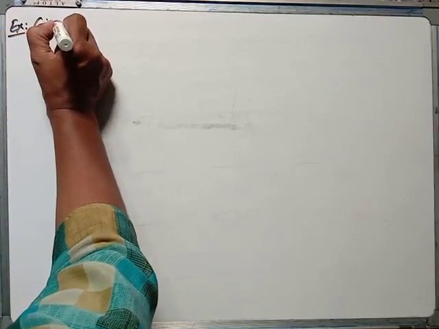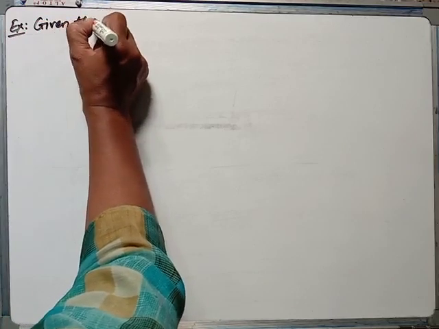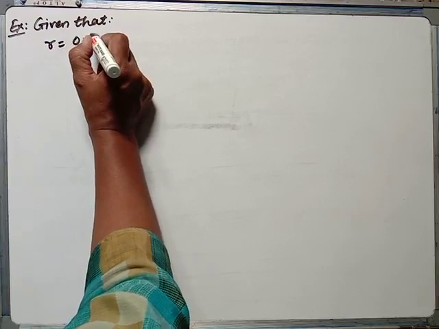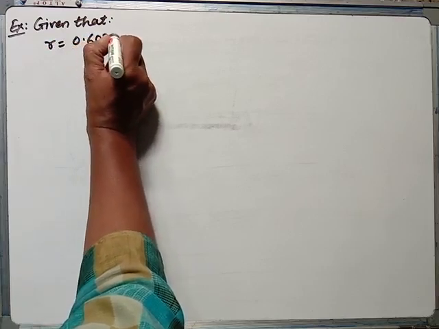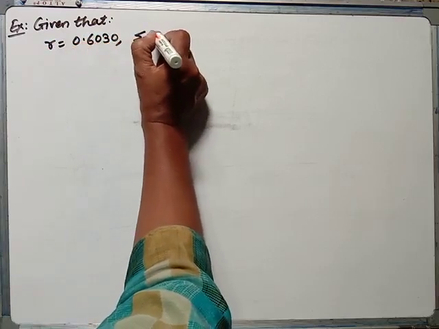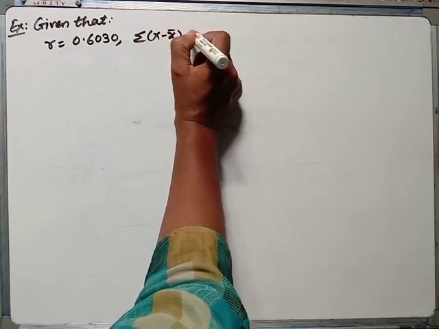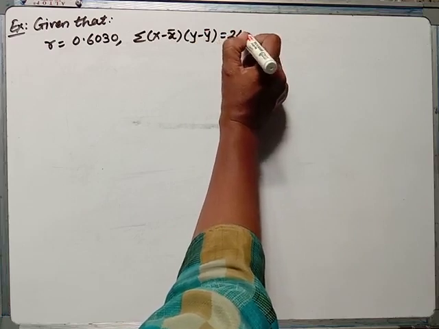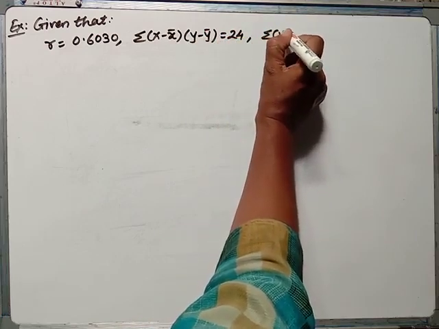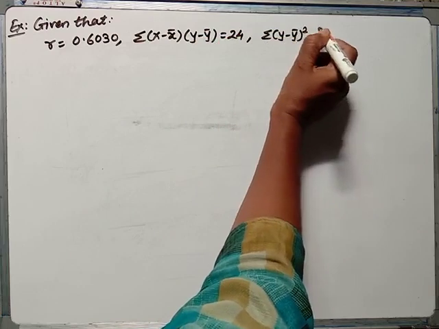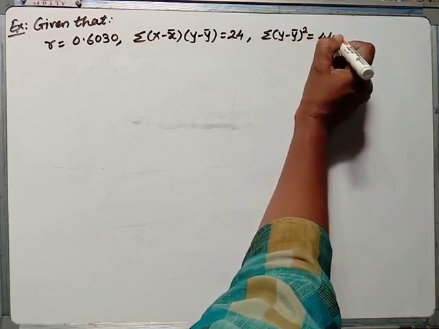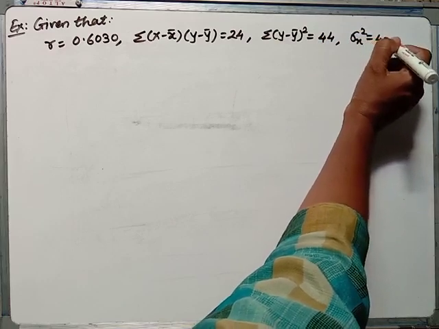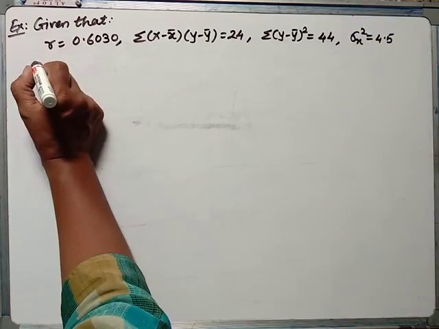Given that R is equal to 0.6030, summation of (x minus x bar)(y minus y bar) is 24, summation of (y minus y bar) square is 44, sigma x square is 4.5.